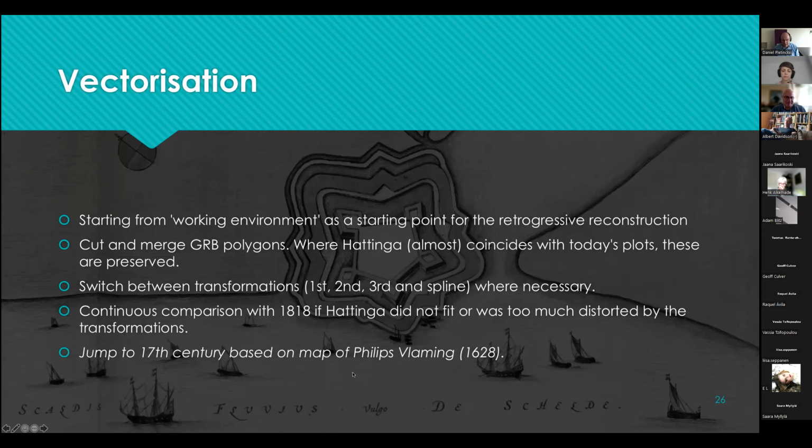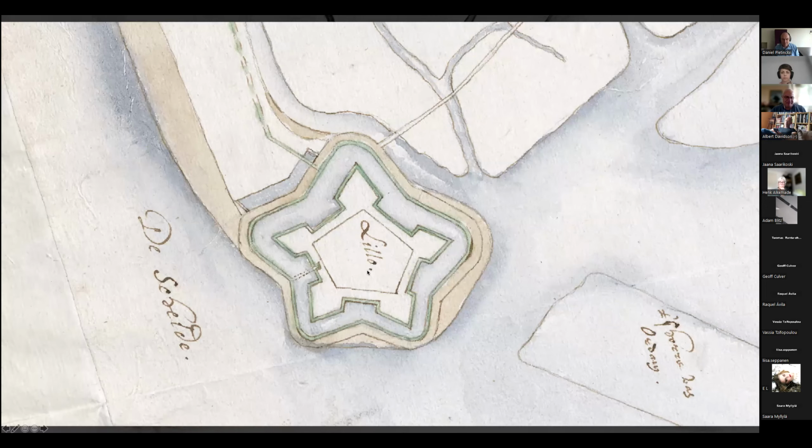And of course, we have several maps from the 17th century so that we can try to see, okay, is there any change there, and try to get as much as possible to the 17th century.